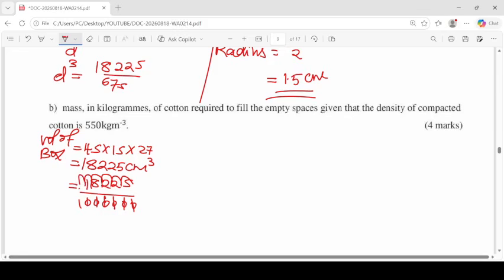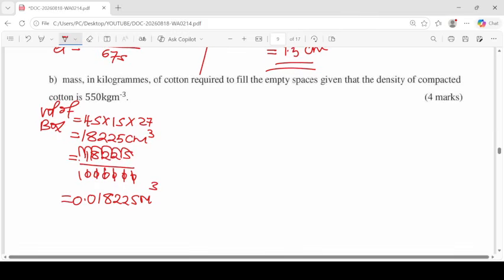You get your answer as 0.018225 cubic meters, because 1 cubic meter is equal to a million cubic centimeters.